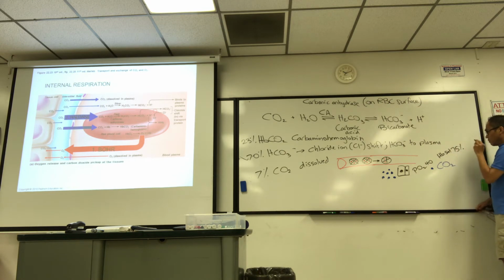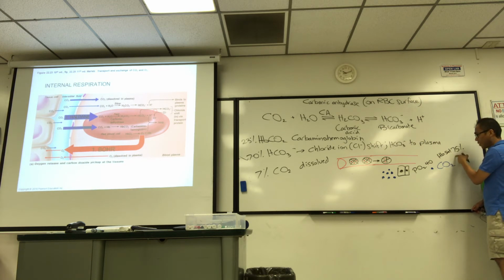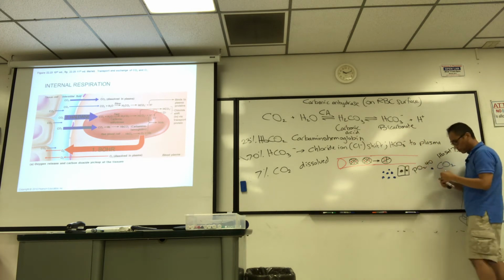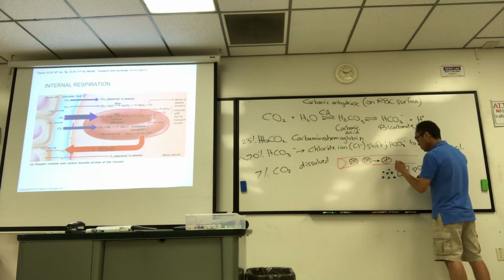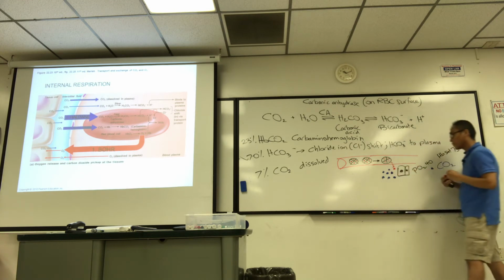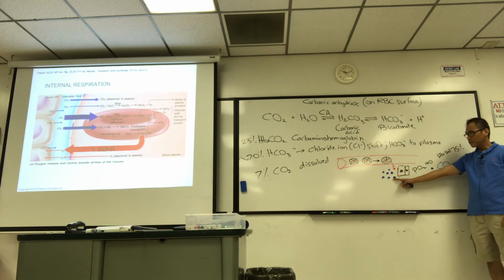If hemoglobin at the condition of rest is 75% saturated, how many got off of these four? Just one. So one got off the bus. So how many CO2s can load? One.